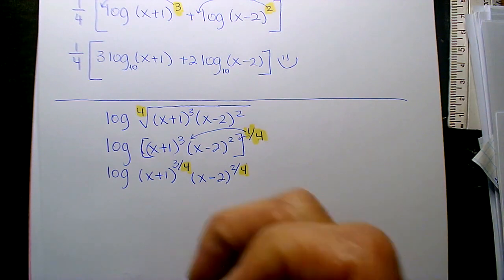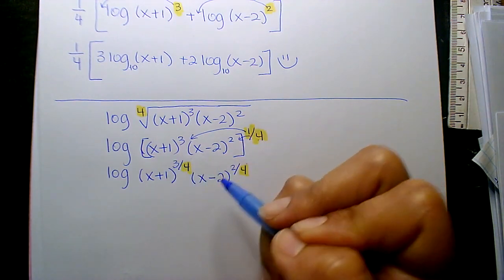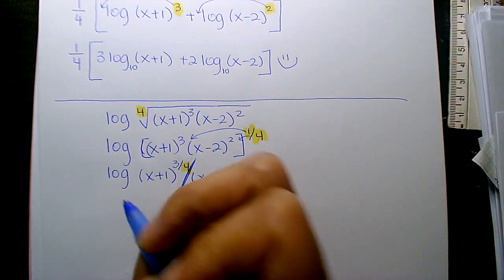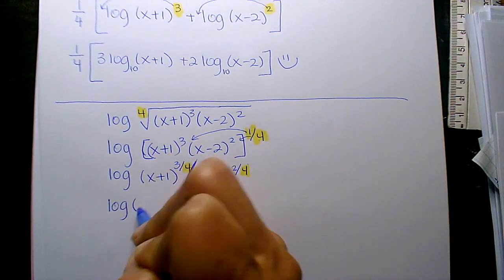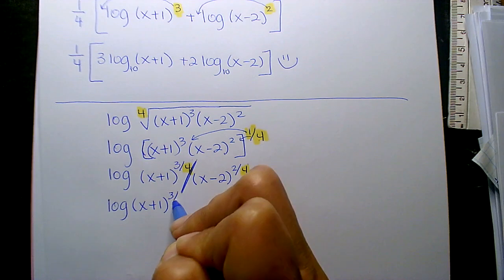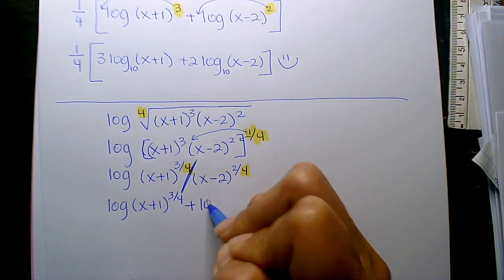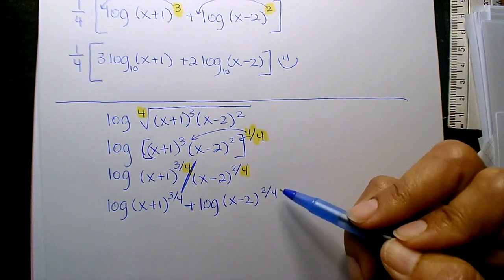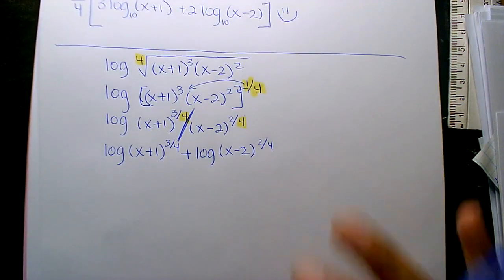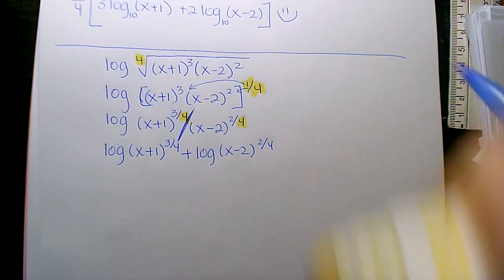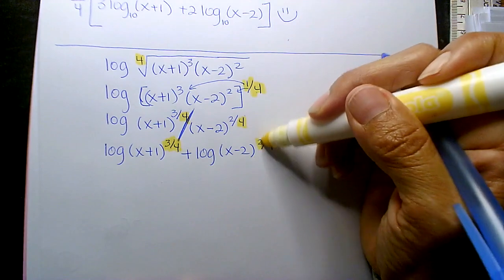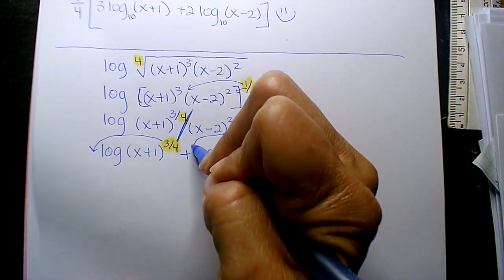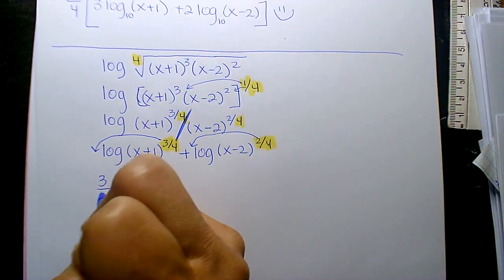We'll separate the bases here, the product. So log x plus 1, 3/4 plus log x minus 2, 2/4. And if you want to reduce to 1/2, you can. Nothing's wrong with that. And now you'll take care of the power rule and bring that to the front, and now you are done.